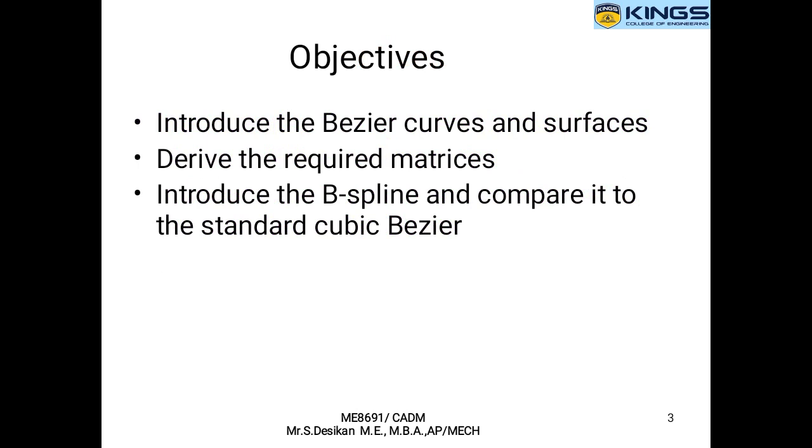The second one, how we derive the matrix format of curves. Third one is what is cubic Bezier and what is B-spline. We can easily identify these at the end of the unit.